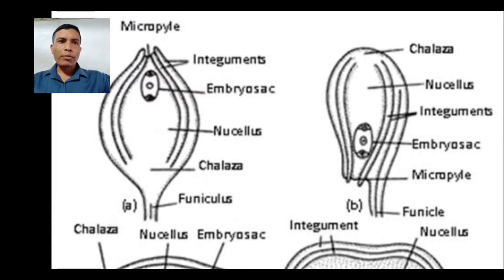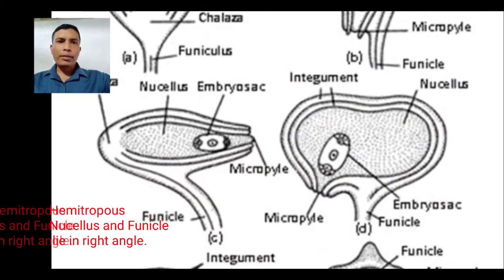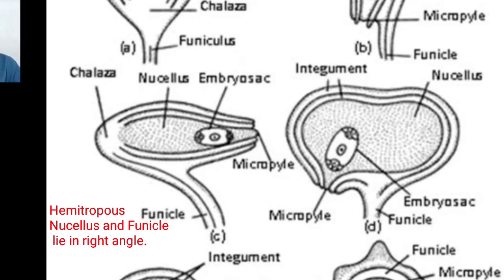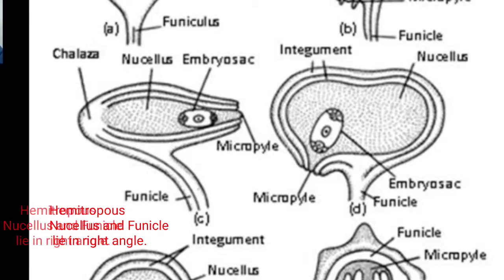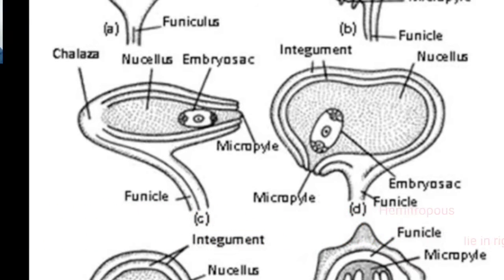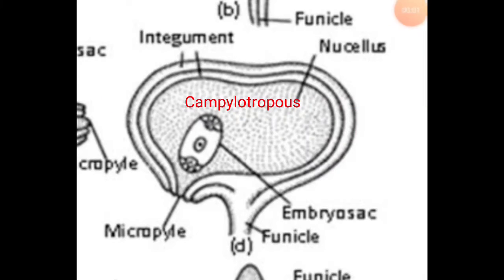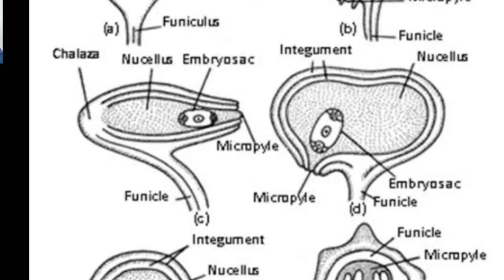Next we have hemitropous. In this type, the nucellus and the funicle lie at right angles. This fourth type of ovule is called campylotropous. It is the only ovule in which the micropyle and the chalaza are not in a straight line.